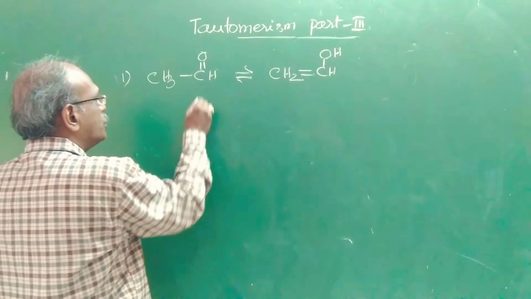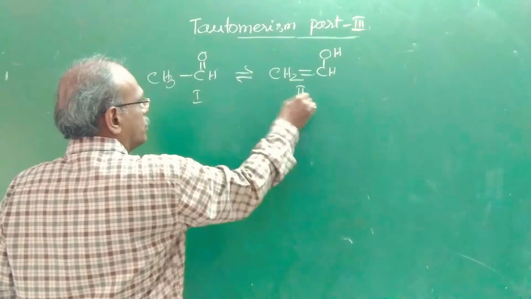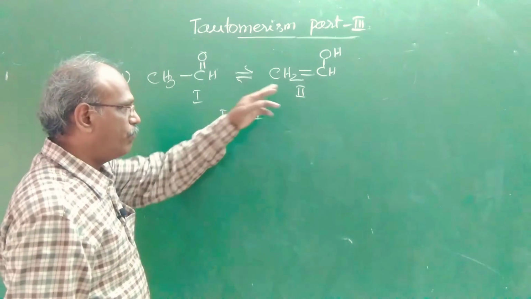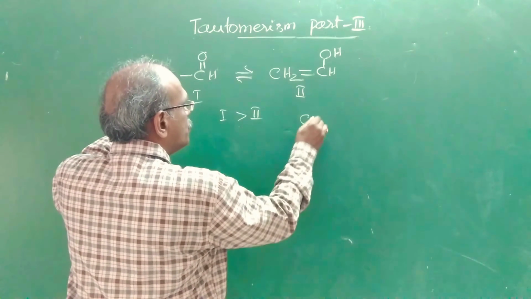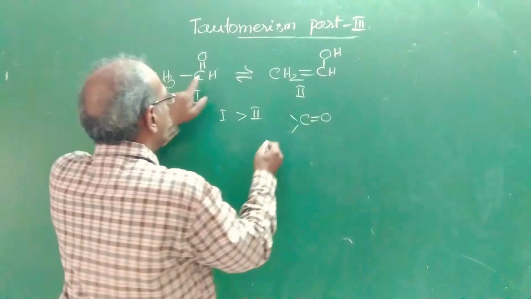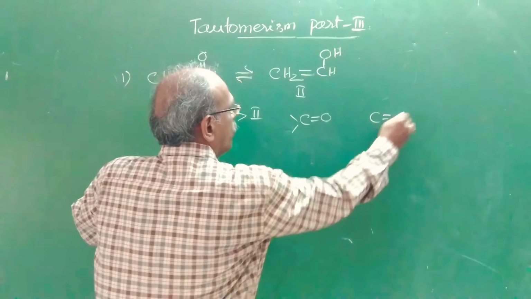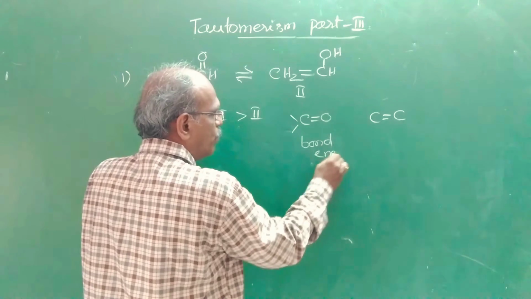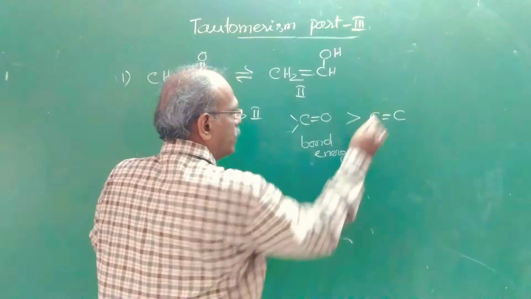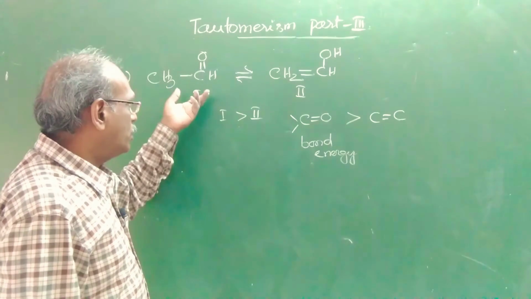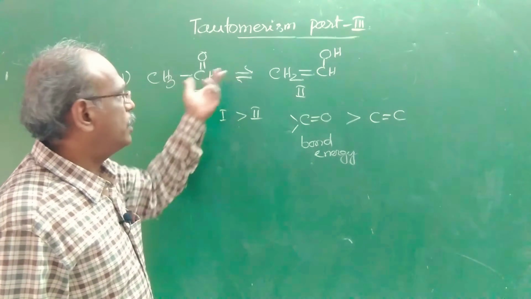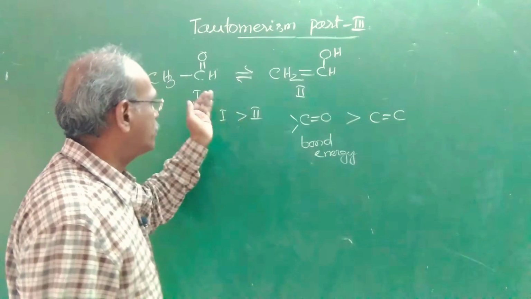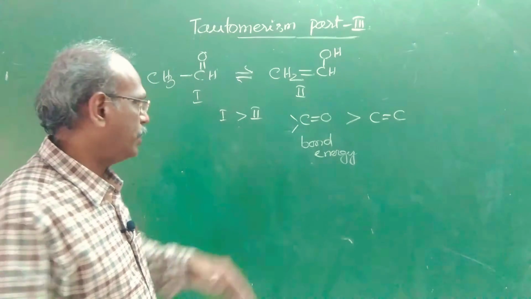Acetaldehyde is more stable than its enolic form, because C=O becomes C=C, but its bond energy is more than this. So naturally this is less energetic and more stable. Bond energy means the released energy, right?